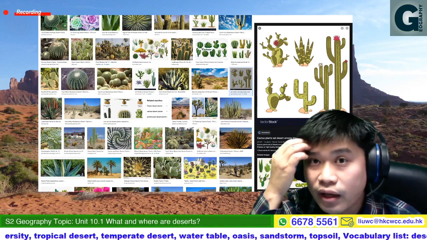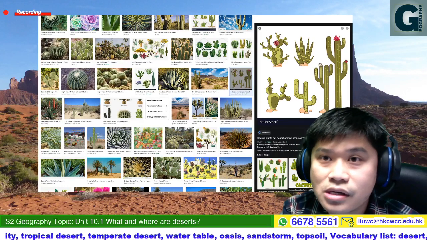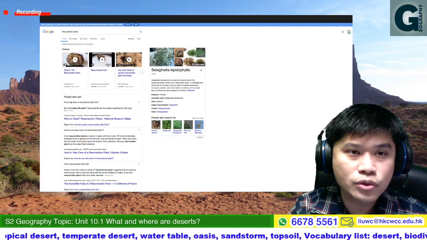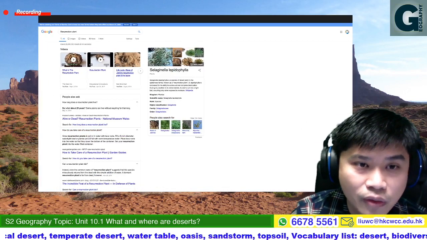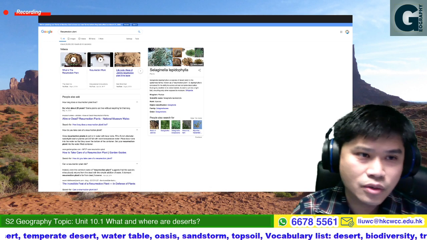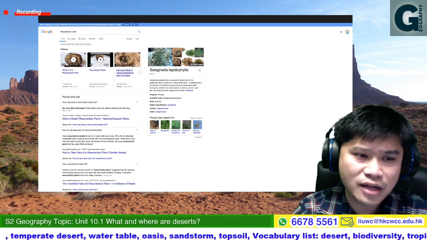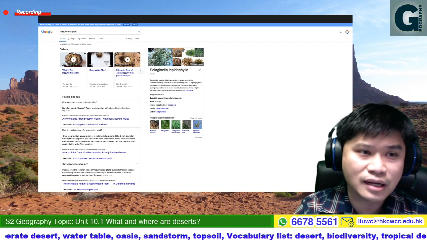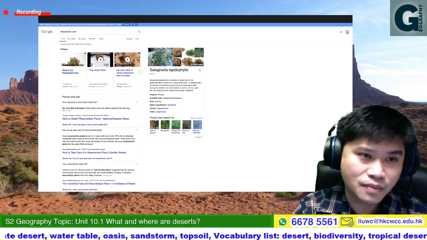And then one I would like to share with you. This one I will show you the link later. That is called the Rose of Jericho. What would be special for the Rose of Jericho? Some people regard this as the resurrection plant.